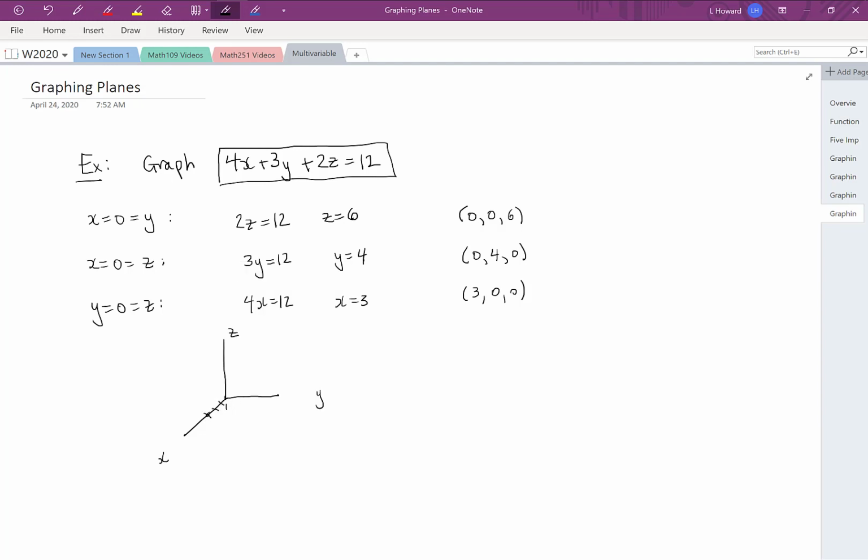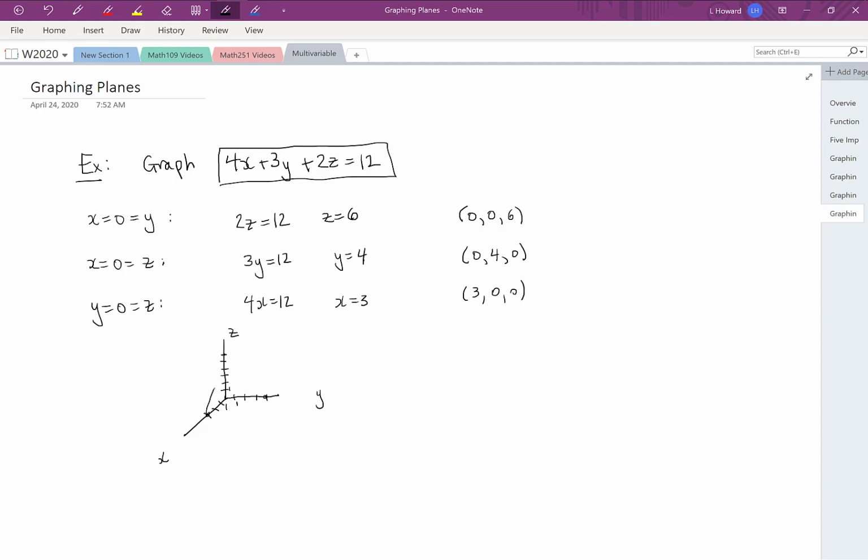In the y direction, we've got a y-intercept of 4, so that would be right there. Again, each tick represents 1 unit. And then in the z direction, we want to go up 6 units. There's our z-intercept. Along each axis, 1 tick is 1 unit, and we've got our 3 intercepts.